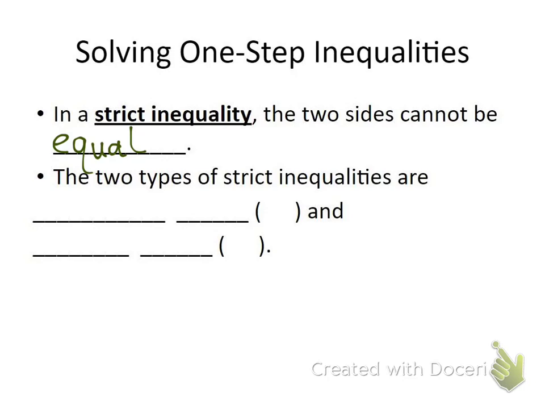So these two types of strict inequalities are what? What do you think they're called? You guys have already talked about them. We've already said their names. Greater than and less than. There we go. Greater than, less than.